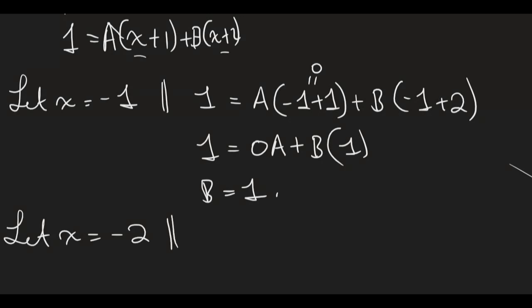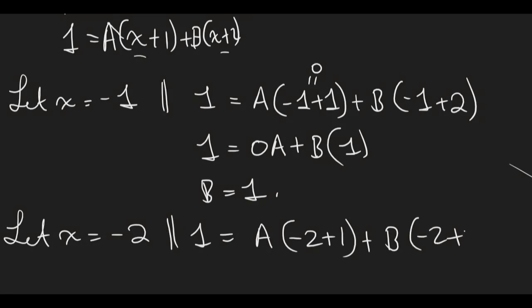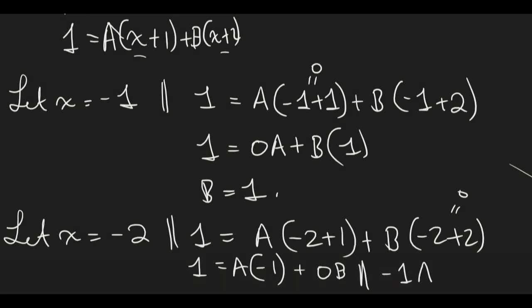So if we say 1 is equal to a times (minus 2 plus 1) plus b times (minus 2 plus 2), this will go to 0, and we'll be left with 1 is equal to a times minus 1 plus 0b. And then we can say minus 1a equals 1, which implies a is equal to minus 1.